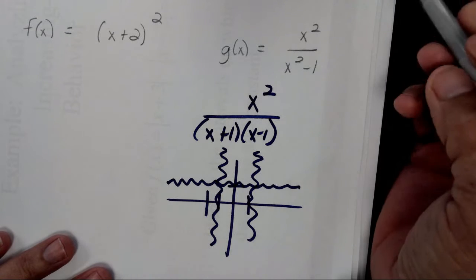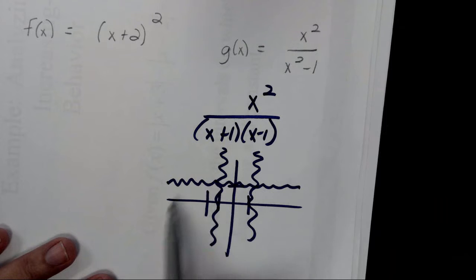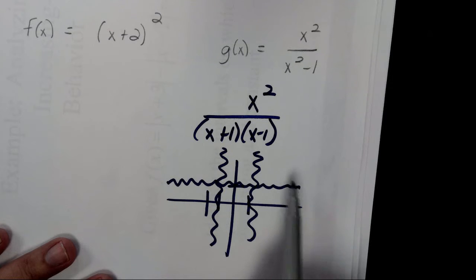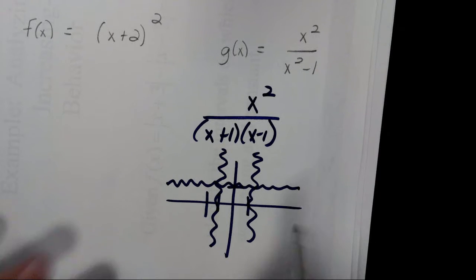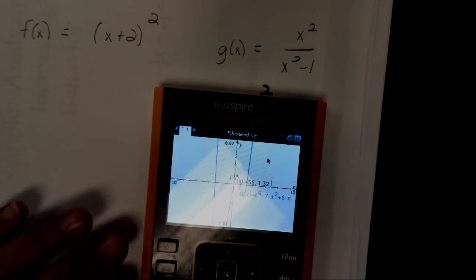Okay? So, if I don't have a calculator and I'm at home, do I plug in some numbers over here, do I plug in some numbers between here and there, and do I plug in some numbers there to get a picture of this? Yes, okay? If I have access to a graphing calculator, which we're going to have access to for the moment, so I'm going to graph that.